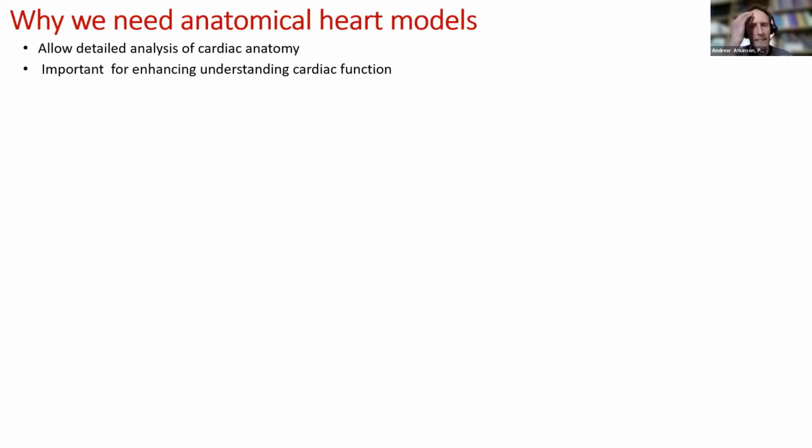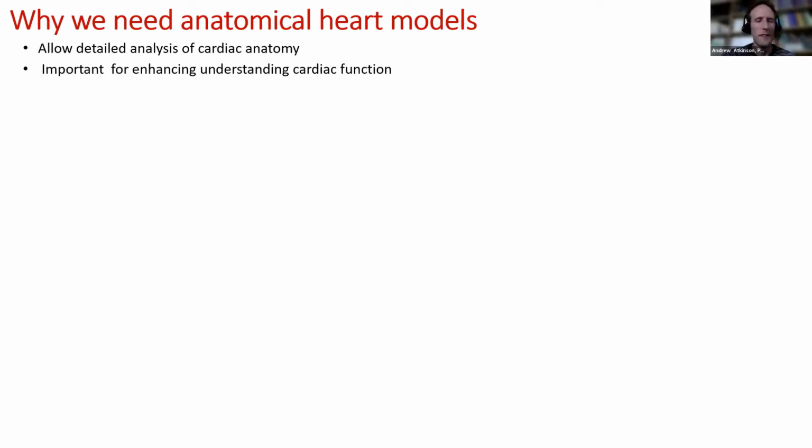So why are anatomical models important? Well, they allow us to have detailed analysis of cardiac anatomy, and they can help enhance our understanding of cardiac function. They also allow the true extent and the proximity of the cardiac structures to be fully appreciated, where previously histological techniques and dissection might have missed out bits of tissue.